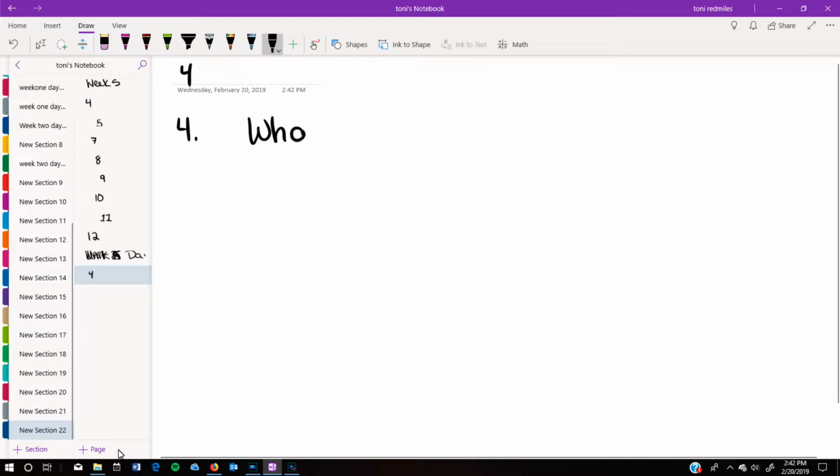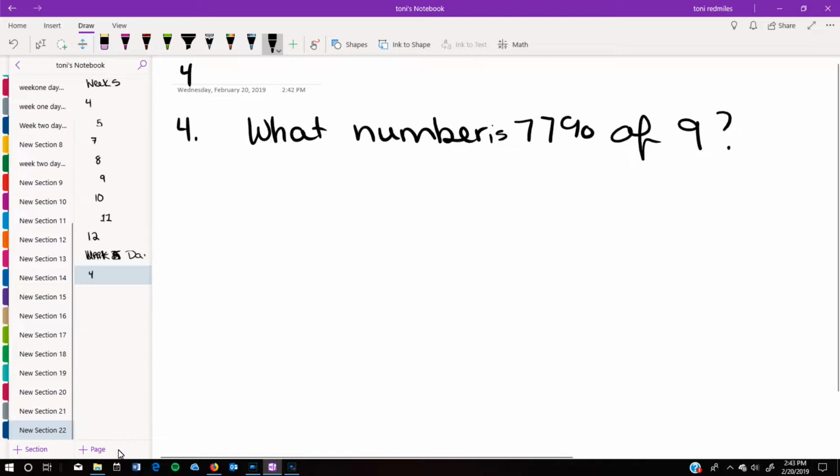So what number is 77% of 9? Okay, so what number is n? Is equals, 77% is 0.77, of means multiply, and 9.